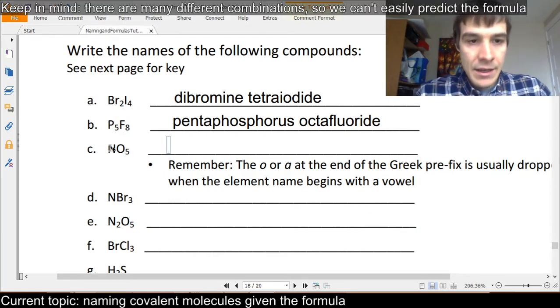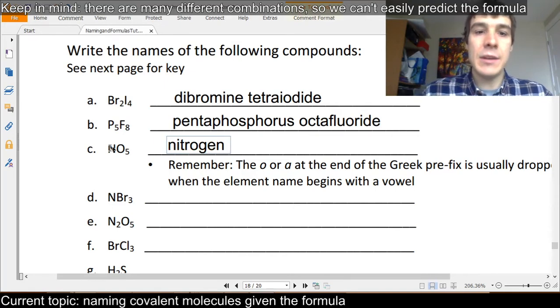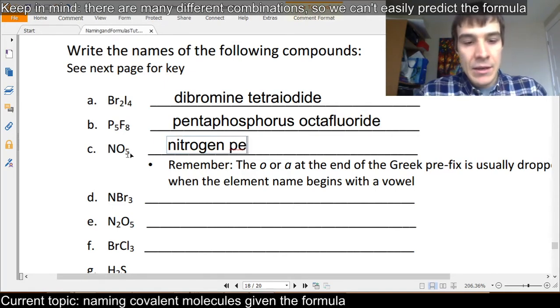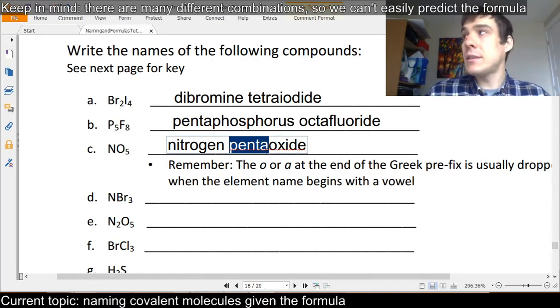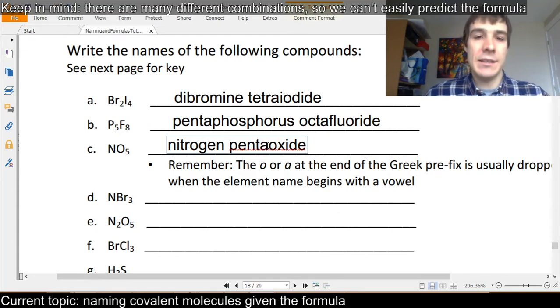So NO5, that would be nitrogen, right? We don't say mononitrogen, just nitrogen. And then 5 oxygens would theoretically be pentaoxide, because penta is for 5. But then there's this other little weird thing we do where pentaoxide is annoying to say and pentoxide is faster.